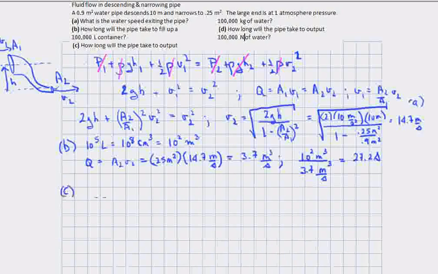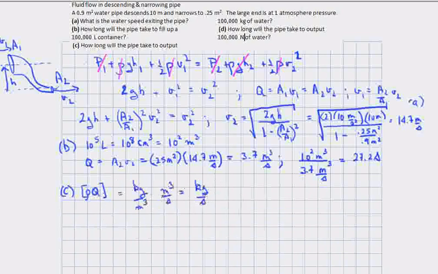Okay, part C. How long will the pipe take to output 100,000 kilograms? The insight there is that rho times Q has dimensions of kilograms per cubic meter, those are the dimensions of rho, times cubic meters per second, the dimensions of Q, and I get mass per unit time out of that, kilograms per second.